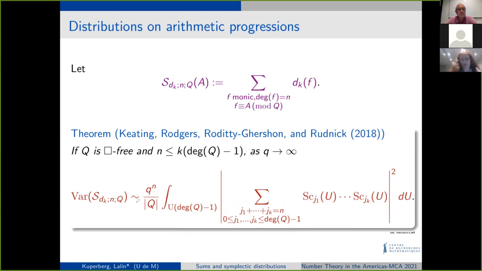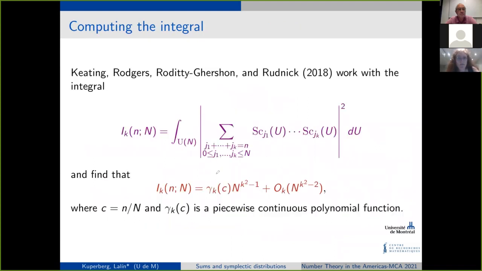Now, Keating, Rodgers, Roditty-Gershon, and Rudnick went on and studied what this type of integral gives.